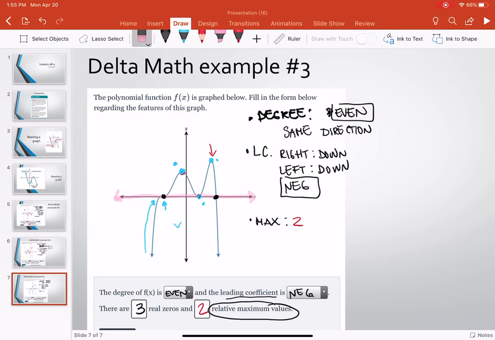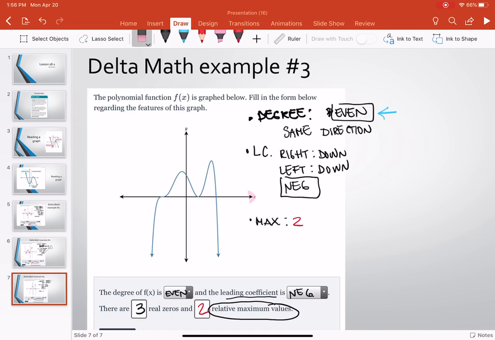So this is not a relative max or min. So that means I have 3, right? So that means I have an x to the 4th polynomial. It's even, yep, check, it's even. And then it would have a negative leading coefficient, which I don't know if it has a number up in the front, okay?